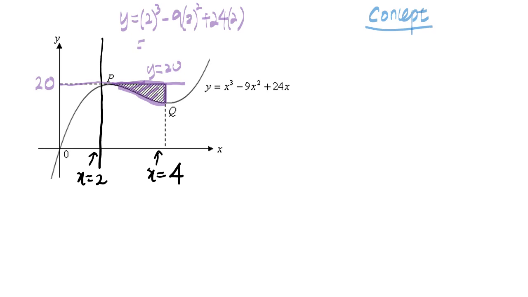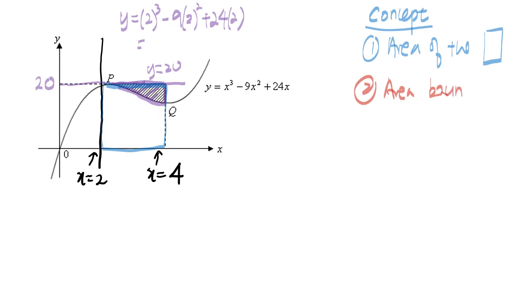The concepts we have to use here are, first of all, we have to find the area of the rectangle, which is the one highlighted in blue for you. And then two, we have to find the area bounded by the curve and the x-axis, and the two vertical lines, x equals 2 and x equals 4.